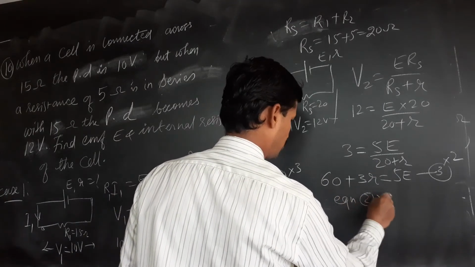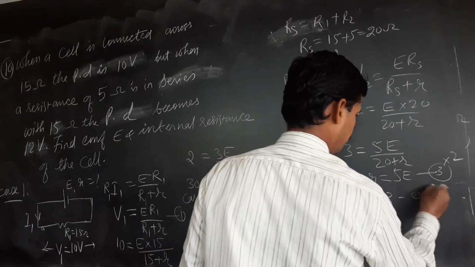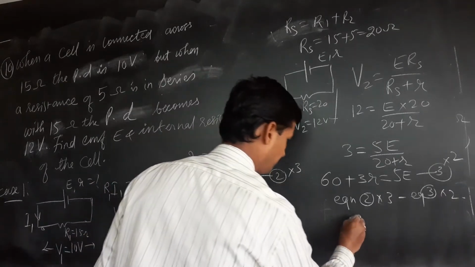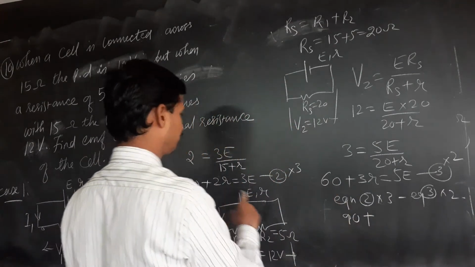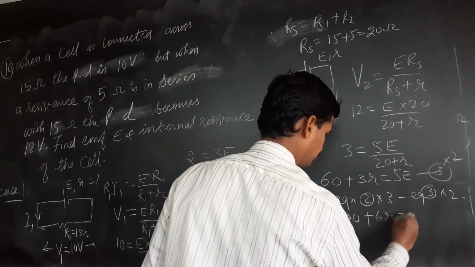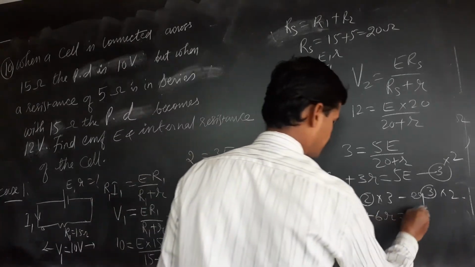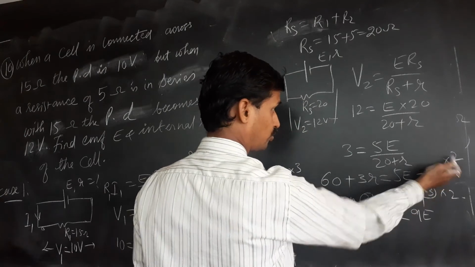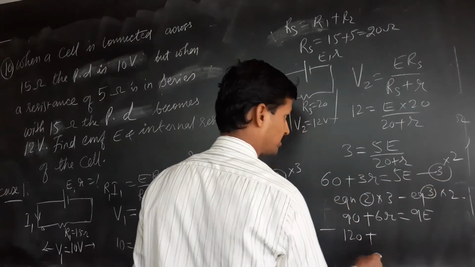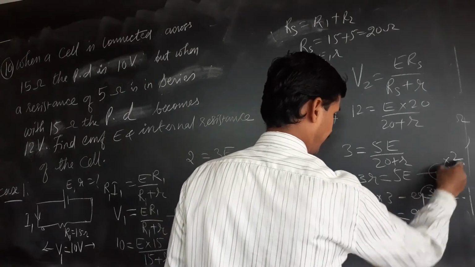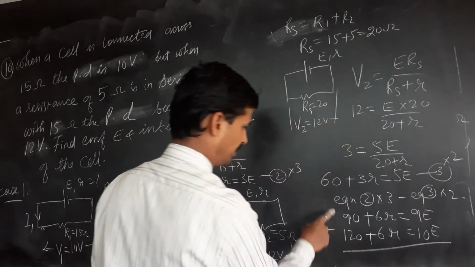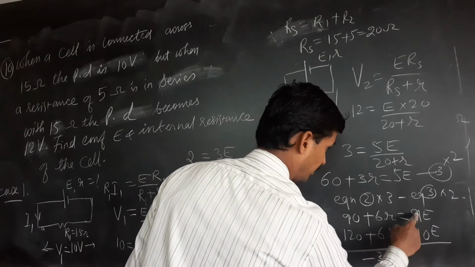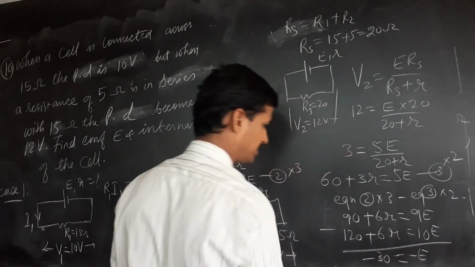Equation 2 into 3 minus equation 3 into 2. 30 into 3 will become 90 plus 2 into 3 will become 6r, equals 3E into 3 is 9E, minus equation 3 into 2: 2 into 60 is 120 plus 2 3s are 6r, equals 5 2s are 10E. 90 minus 120 is minus 30. 6r minus 6r is 0. 9E minus 10E is minus E. Implies EMF is equal to 30 volts.